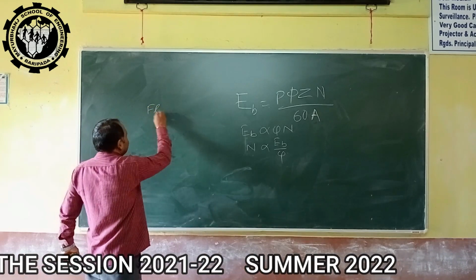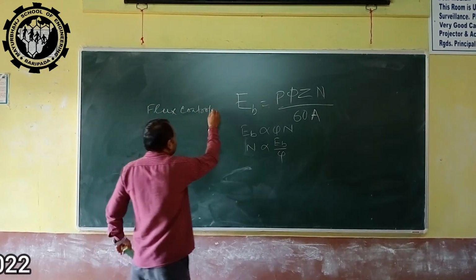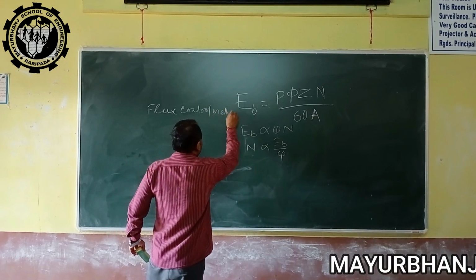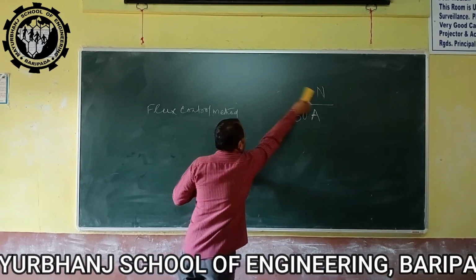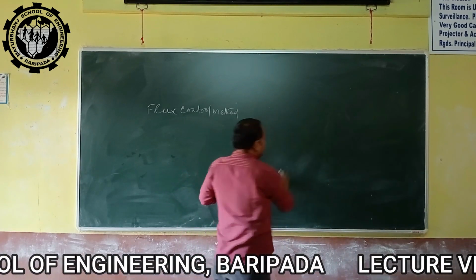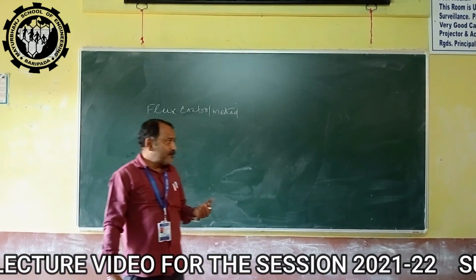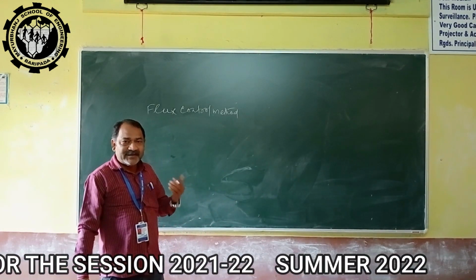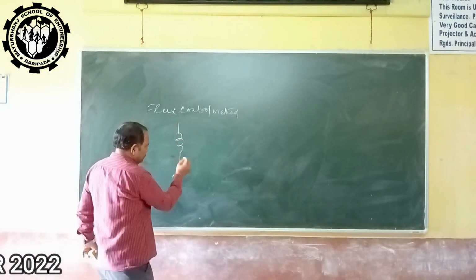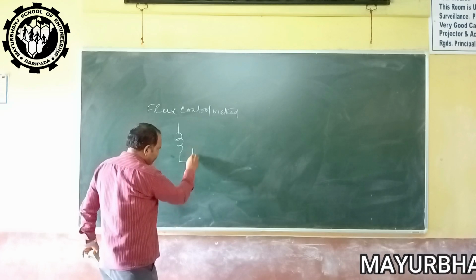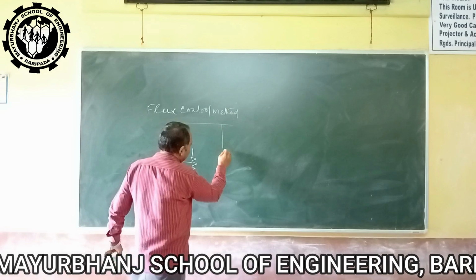First we will discuss the flux control method. In the flux control method, we vary the flux in the field. To vary the flux, we control the field current. In DC shunt motors, this is the field circuit, and with that we insert a variable resistance.